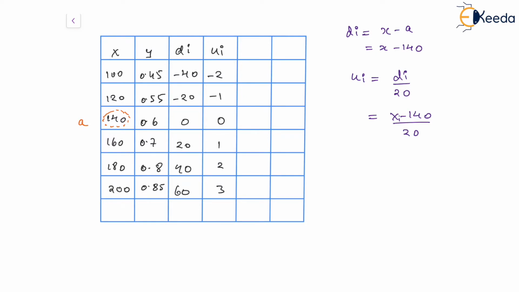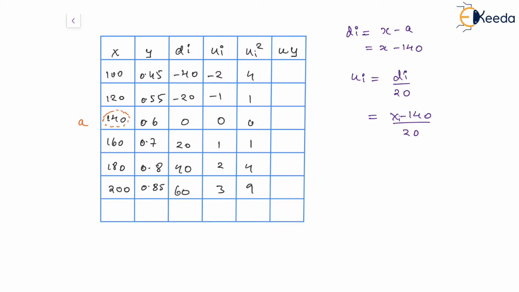Now let us form the column ui square. So minus 2 square will be 4, minus 1 square will be 1, 0 square will be 0, 1 square will be 1, 2 square will be 4 and 3 square will be 9. Apart from that, the column containing u times y.